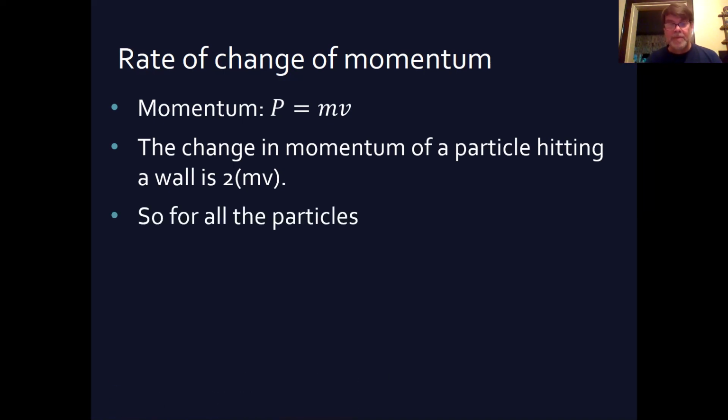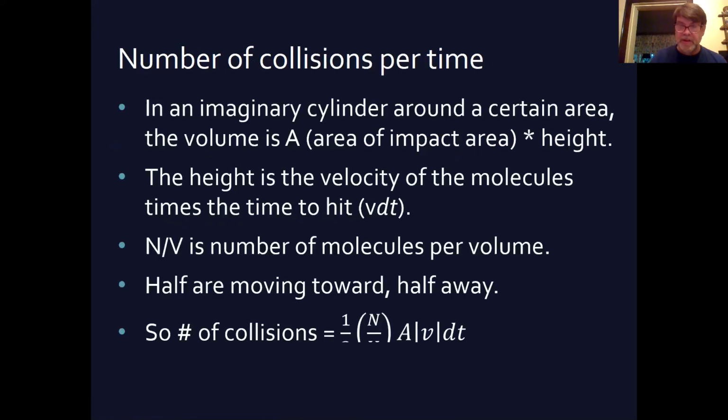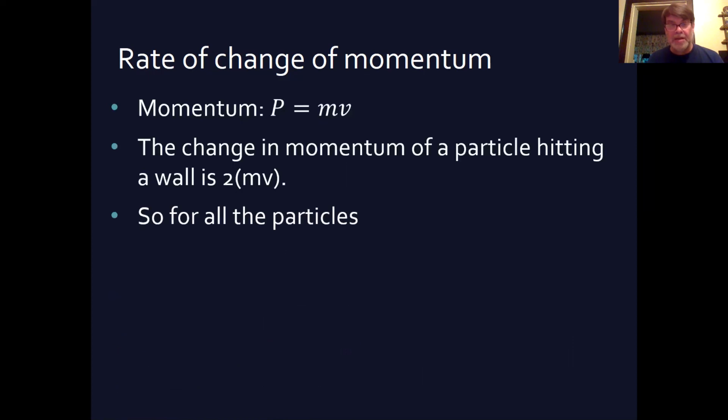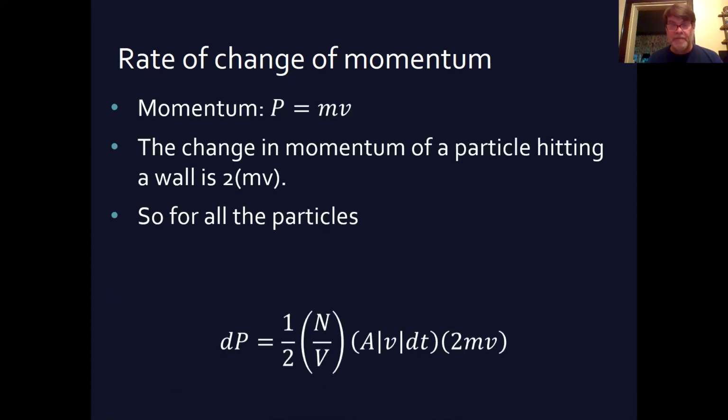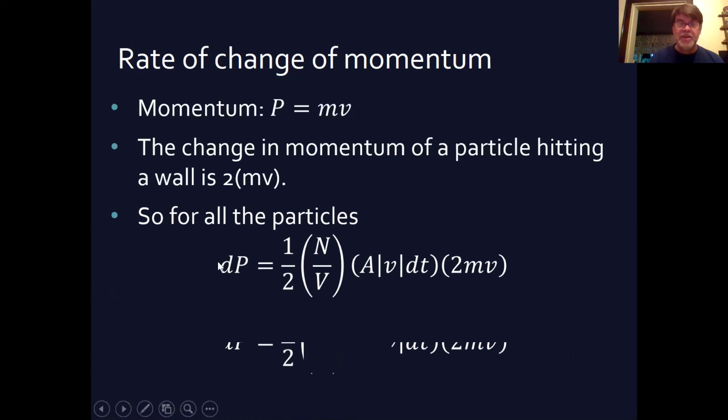Okay, so 2mv. For all the particles, we take the number of collisions of the particles, and we take the fact that the change of momentum is 2mv, and what we have is that the infinitesimal change of momentum is equal to 1/2 (N over V) A v dt. That's from the previous PowerPoint.